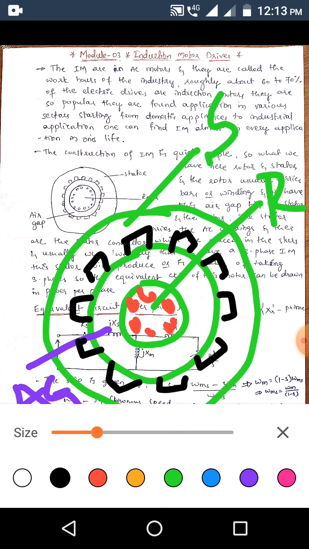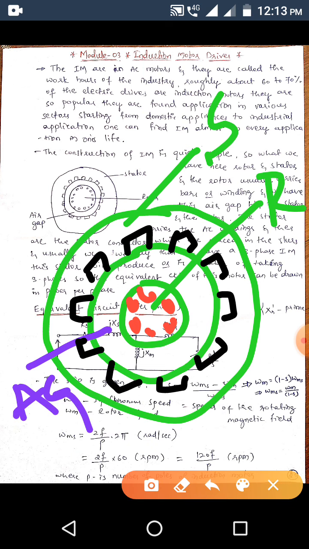We have the AC windings on the stator, and the stator conductors are placed in the slots, in between the air gap.